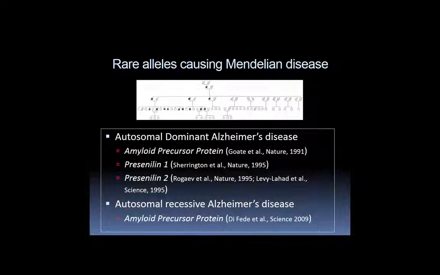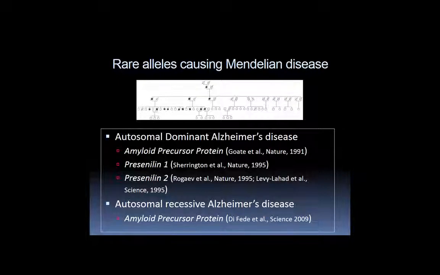And everyone with Down syndrome is trisomic for chromosome 21, which means they have 3 copies instead of 2 copies of chromosome 21. And so that strongly suggested that there was something on chromosome 21 which could influence risk for Alzheimer's disease in a big way, in that if you carried an extra copy, you were pretty much guaranteed to get Alzheimer's disease.